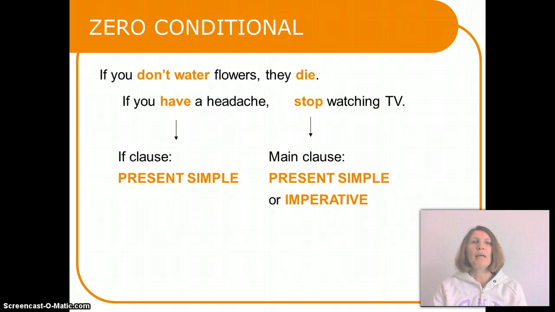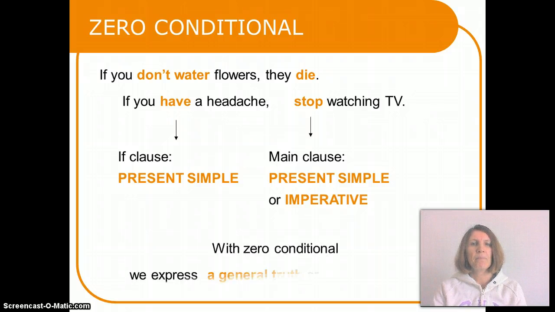So, for example, if you don't water flowers, they die. If you have a headache, stop watching TV. That's the imperative. So, with the zero conditional, we express a general truth or we give advice.